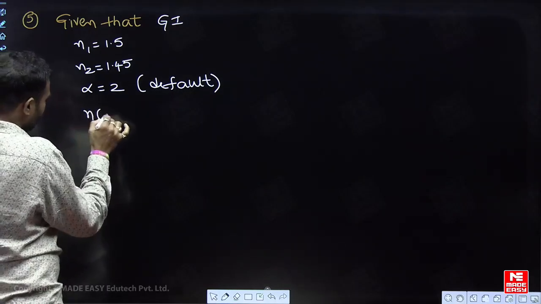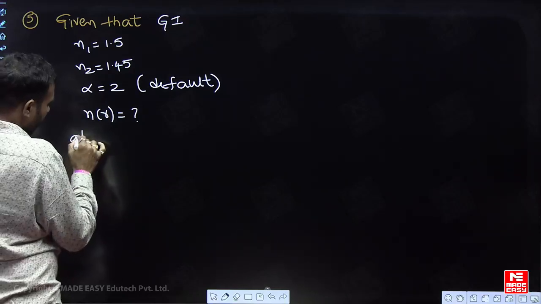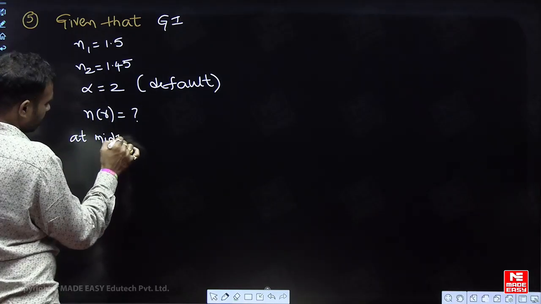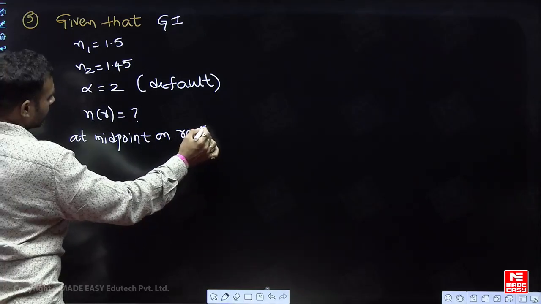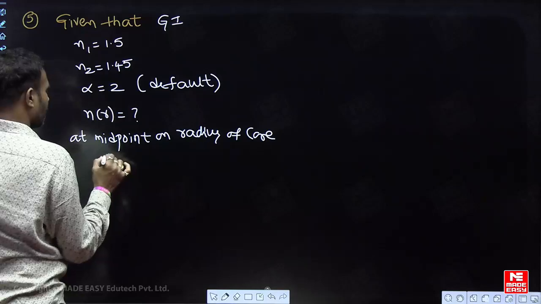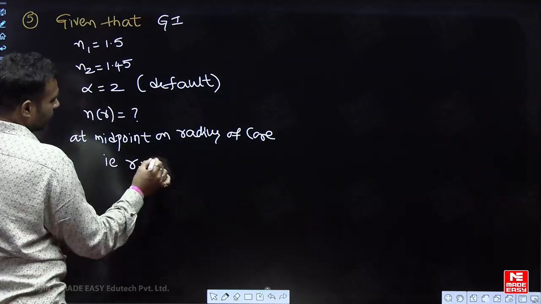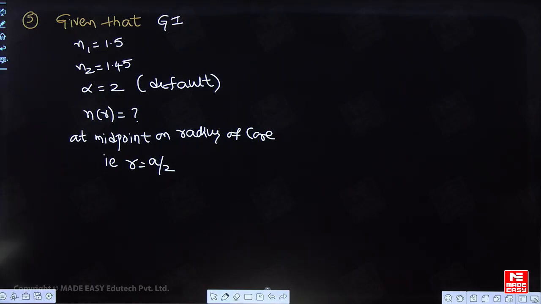Asking to find out the refractive index at the midpoint on the radius of the core. That is already given. r is equal to a by 2, specified in the question.